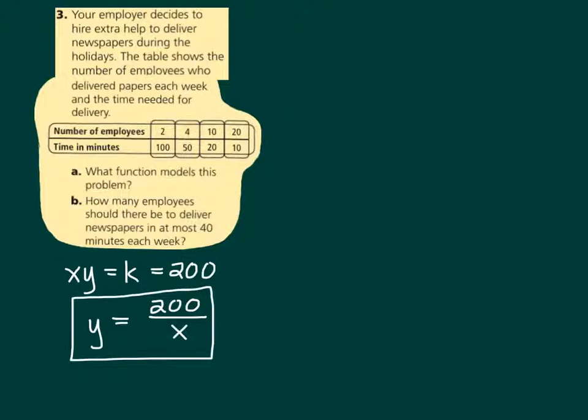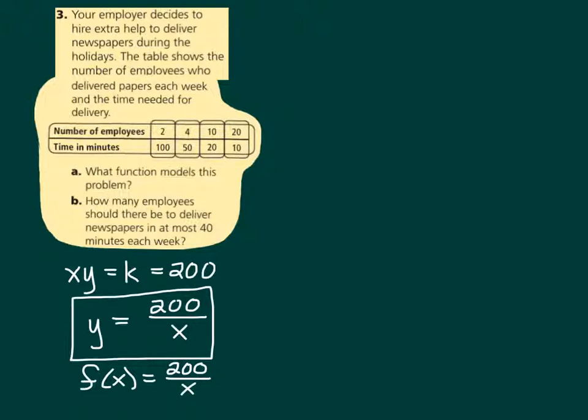And just as a quick review, we could write that as a function. F of X is 200 over X. Same idea. So that's part A. Part B, how many employees should there be to deliver newspapers in at most 40 minutes each week?